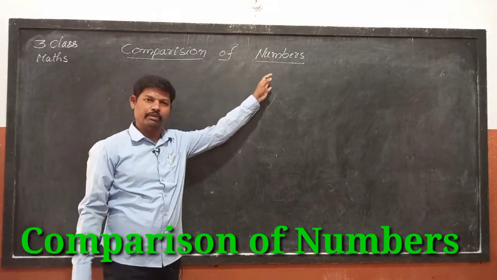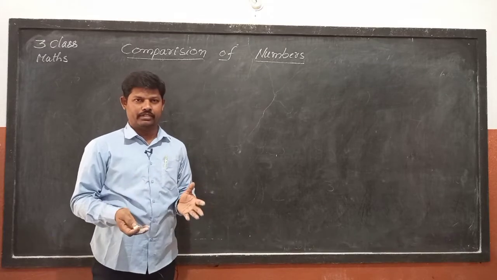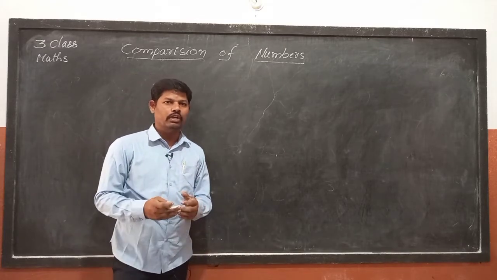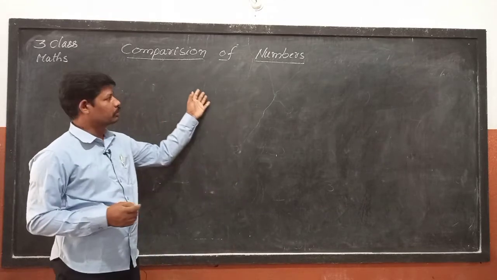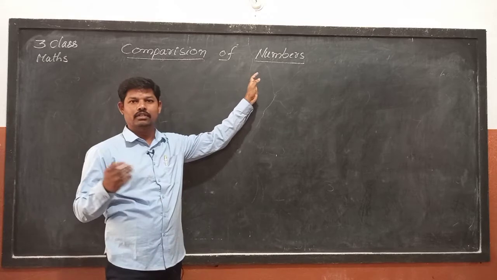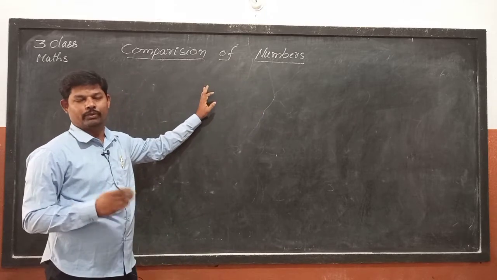Comparison of numbers. What is comparison? Comparing the numbers. That means we know so many numbers. Almost we know up to 1000 numbers, 2000 numbers, up to 10,000 numbers maybe, very easy.